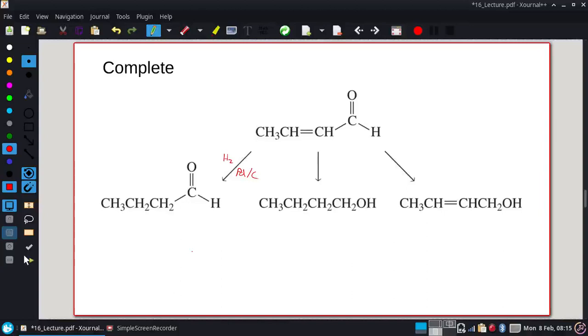Now the reason I'm saying generally is because if I use the wrong catalyst, like that Raney nickel for instance, I would actually add across both double bonds and get an alcohol. And in general, this is a little bit more likely even here. That poisoned palladium may or may not actually stop there completely, but we could always turn this back into an aldehyde with just some PCC.